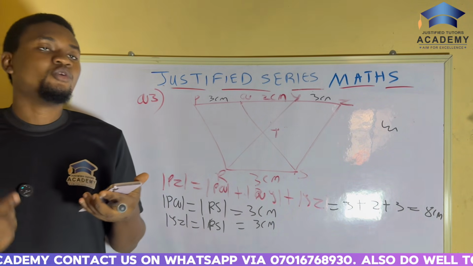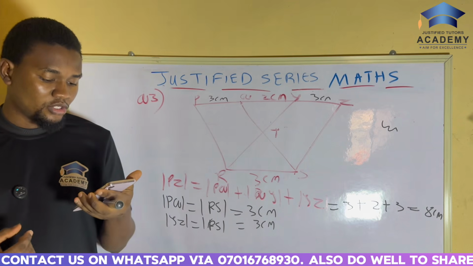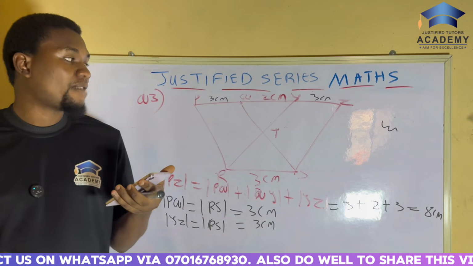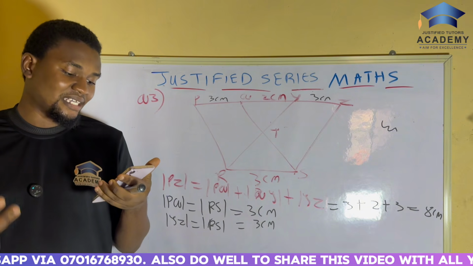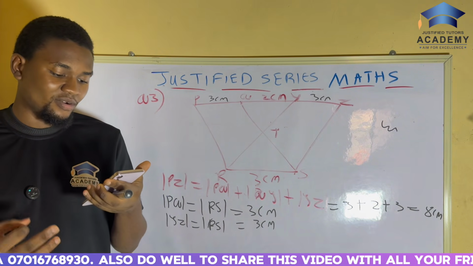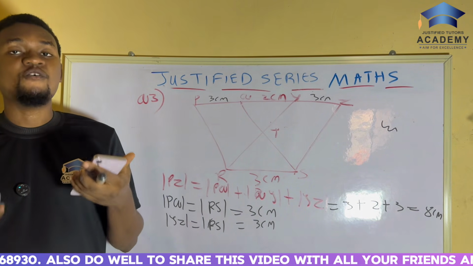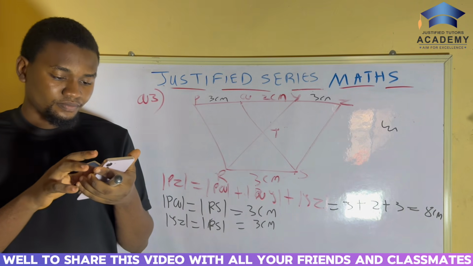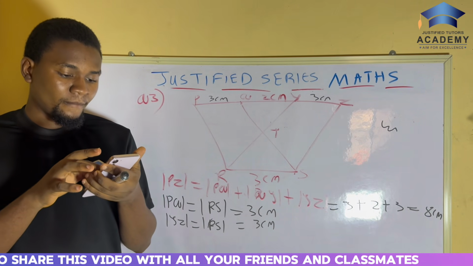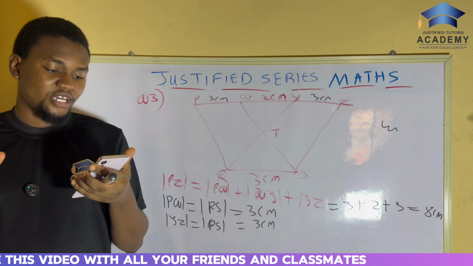Number one property of a parallelogram is that opposite sides are parallel. Number 2 is that opposite sides are equal, and number 3 is that opposite angles of a parallelogram are equal. You get it now? It's as simple as that.